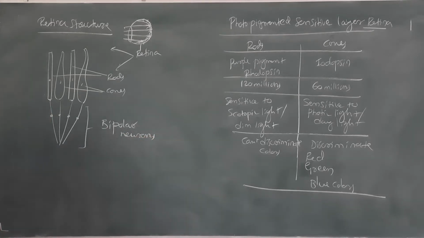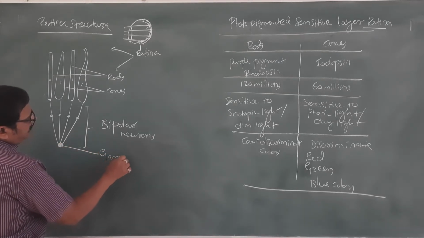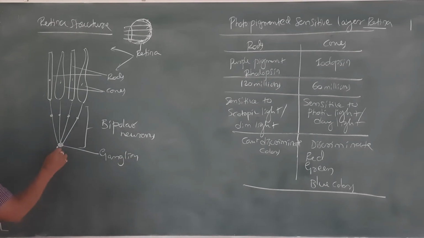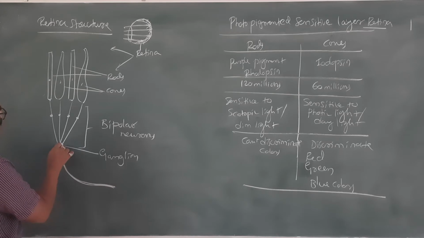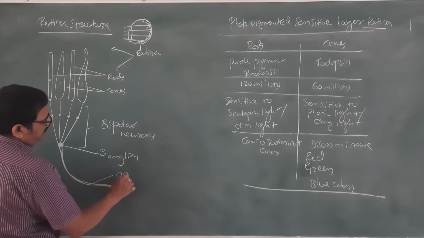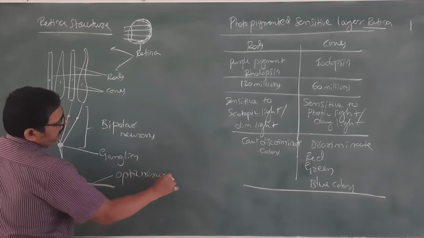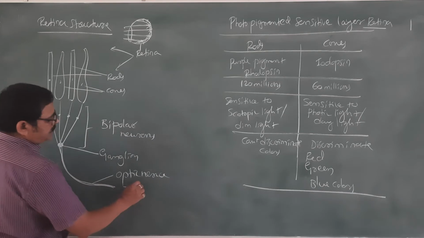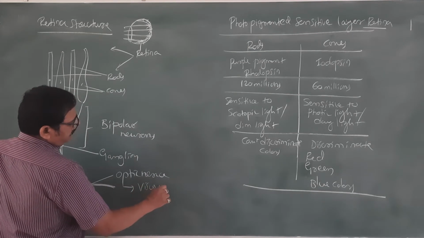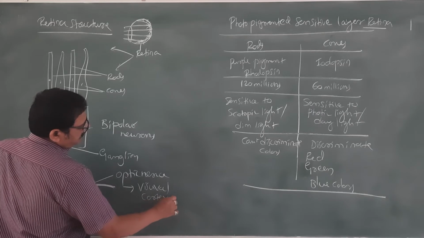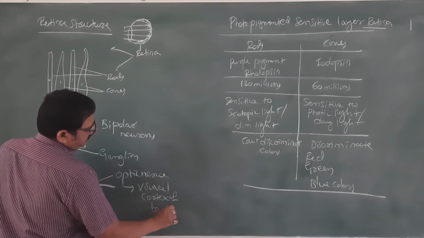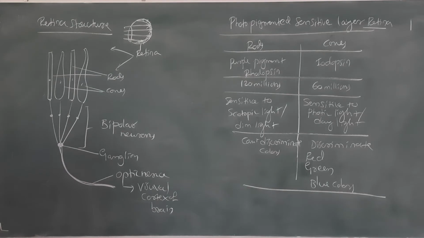Then they aggregate here, and this structure is called a ganglion. Further, many ganglia and a larger number of nerves reach and form the common optic nerve. The optic nerve goes to the visual cortex of the brain. So this is the structure of the retina.